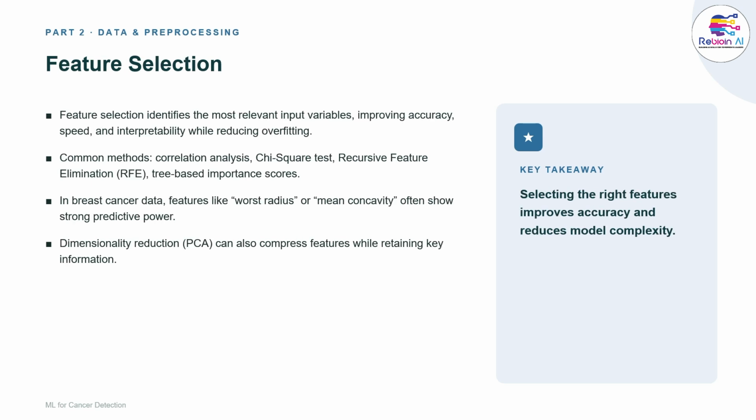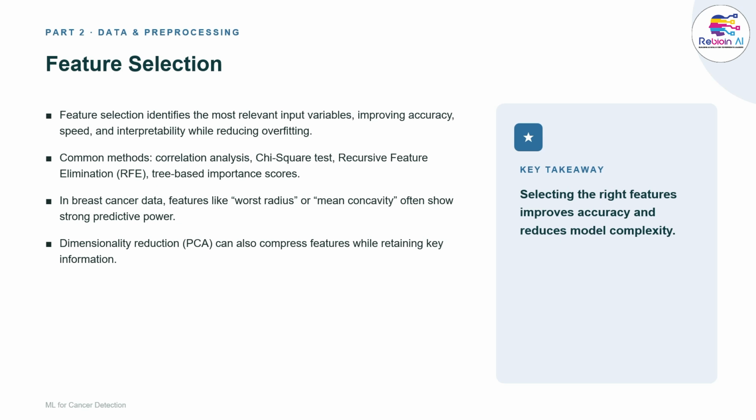Yes. Now, once your data is clean, the next question is which features actually matter. In the Wisconsin dataset, for example, we have 30 different measurements per patient, but not all 30 are equally useful.